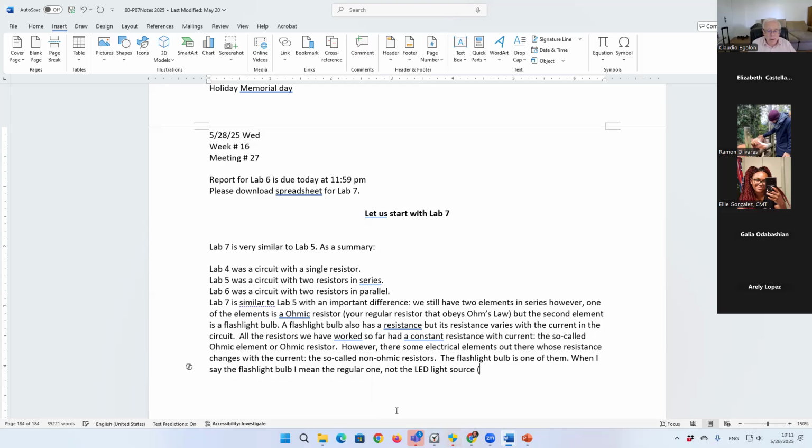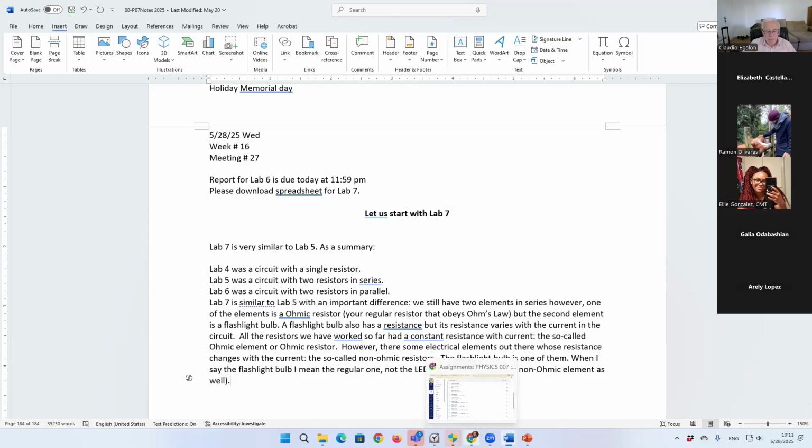Which, by the way, is a non-ohmic element as well, okay? The flashlight bulb is made of those older light bulbs that have just a filament in there. When current passes through it, the filament glows and produces light, okay?